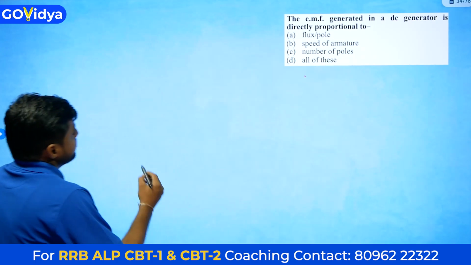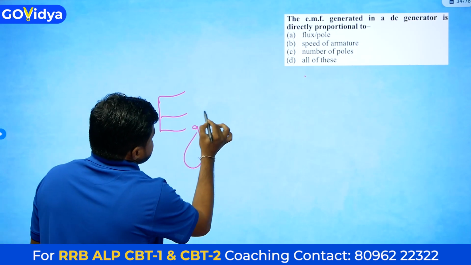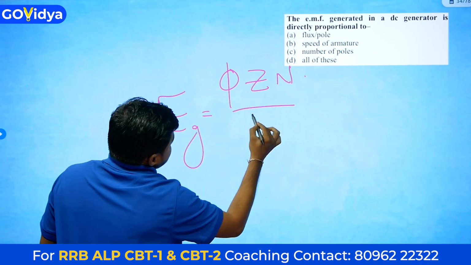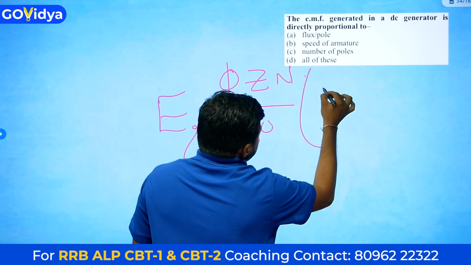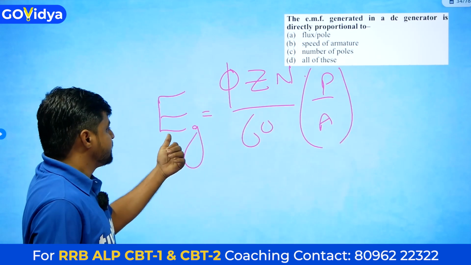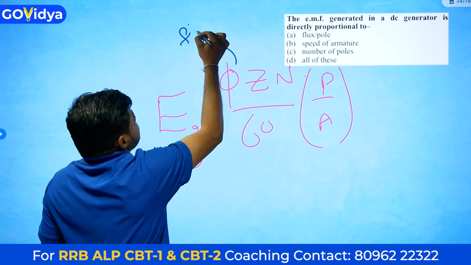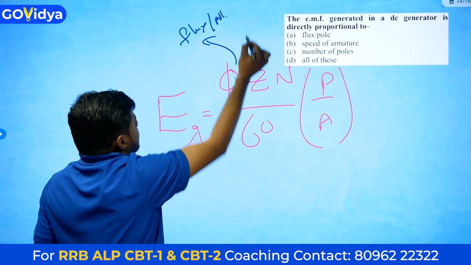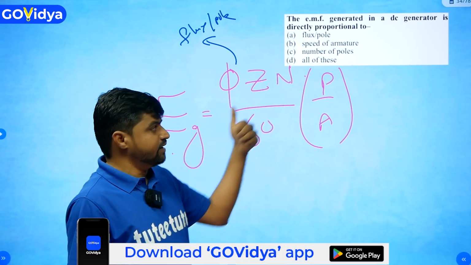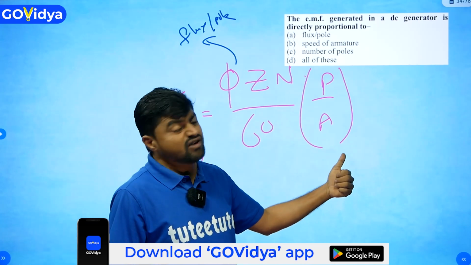We have the equation for generated EMF: EG is equal to phi Z N by 60 into P by A. Here EG is directly proportional to flux per pole, number of conductors, speed, and number of poles, and EG is inversely proportional to number of parallel paths.